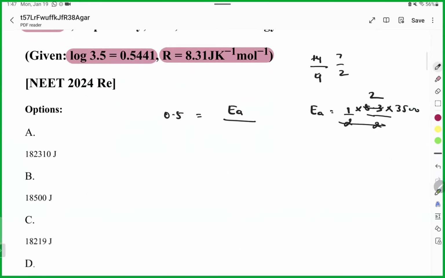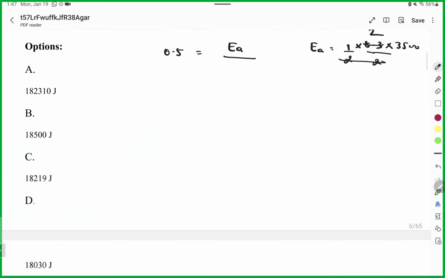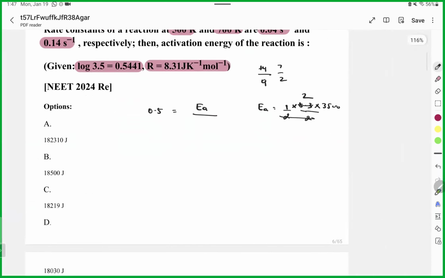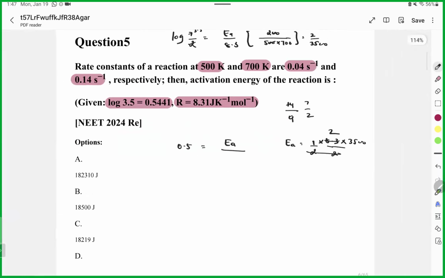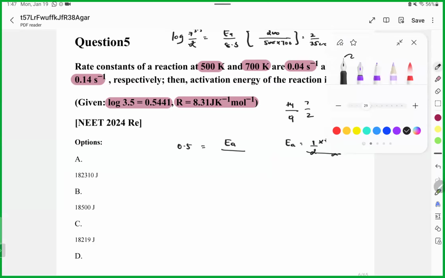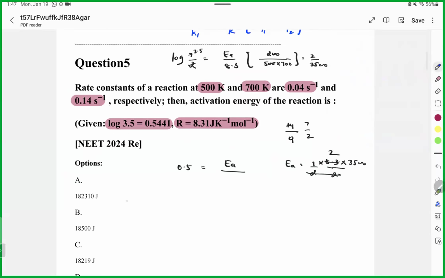Do you have any near? You don't have this value? Check it again. What mistake did I make? Let me check. Log, it will be 3.5 only. Oh, multiply by 2.3, na?